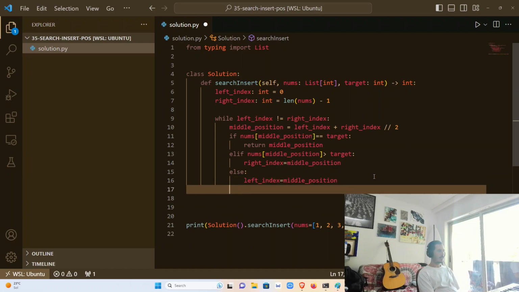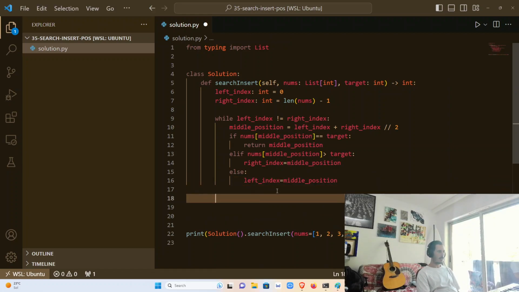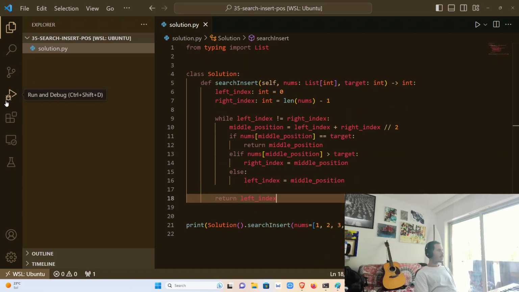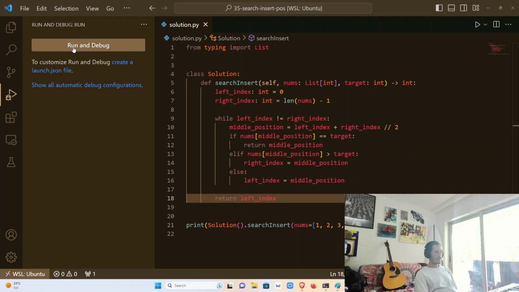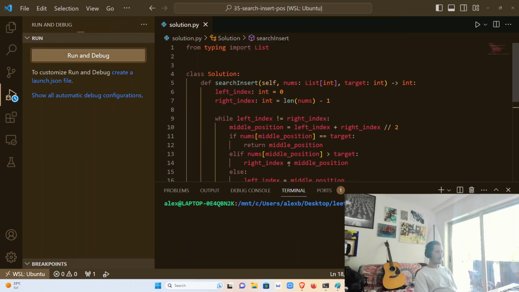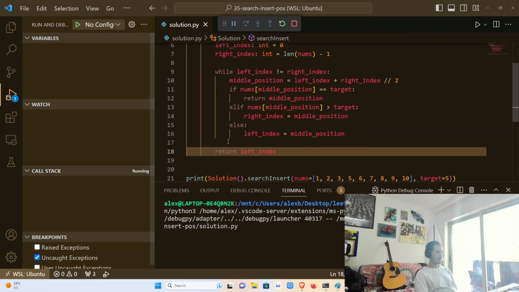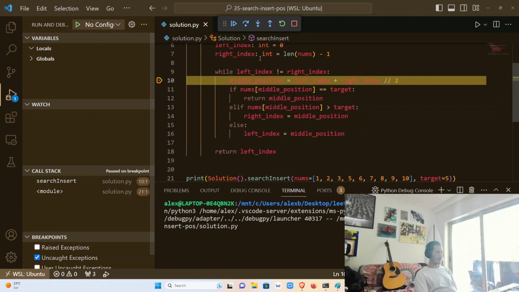And then worst case, when they meet, the loop breaks and we just return either left index or right index, doesn't matter. So let's give it a shot. It's running forever.